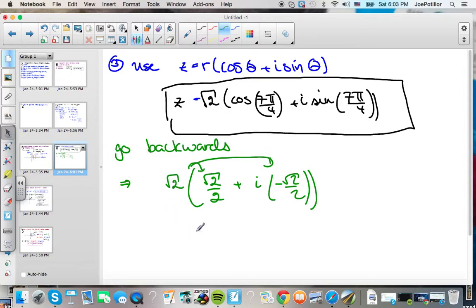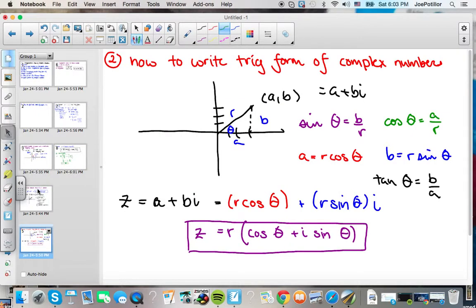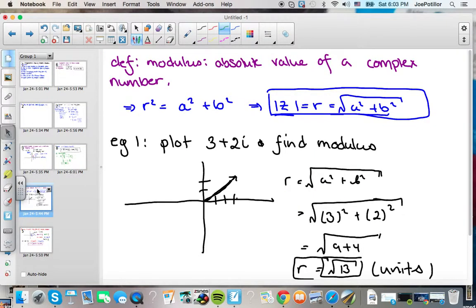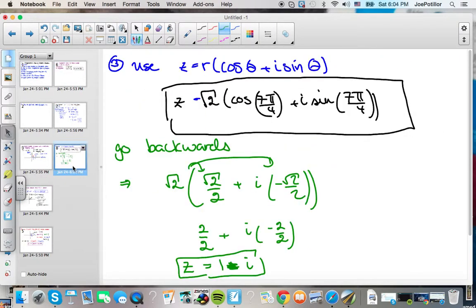So this becomes 2 over 2 plus negative 2 over 2 i, which is 1 minus i, as the original problem stated. Okay? So you go backwards by just distributing it amongst the pieces that you have. Okay? Everybody good? Sweet.